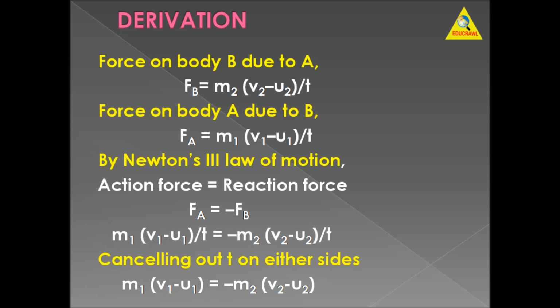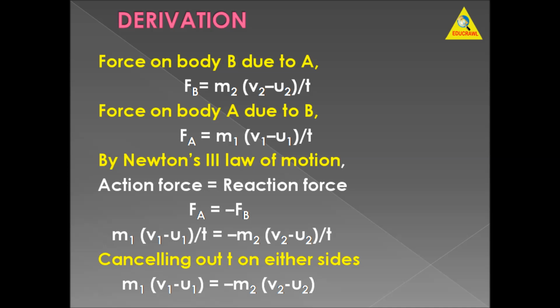Similarly, force on body A due to B is given by Fa is equal to m1 into (v1 minus u1) by t. Now, by Newton's third law of motion, we know that the action force is equal to the reaction force. Both the forces' magnitudes are the same, but the direction is different. That is, the direction is opposite. Always in physics, to denote the opposite direction, we use a negative sign. Hence, we have Fa is equal to minus Fb. Now, we substitute the values of Fa and Fb.